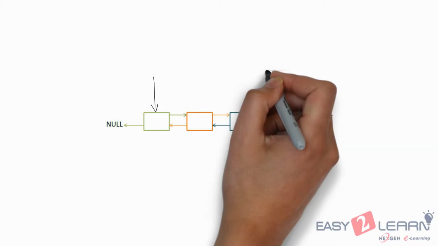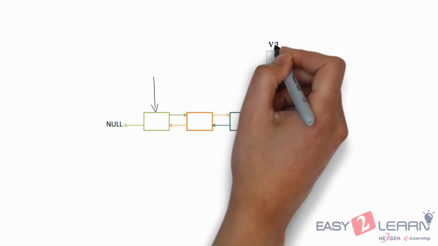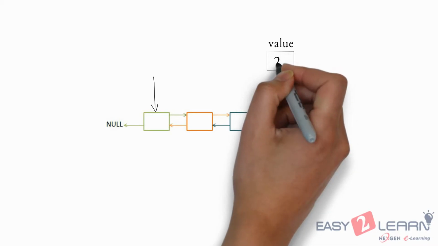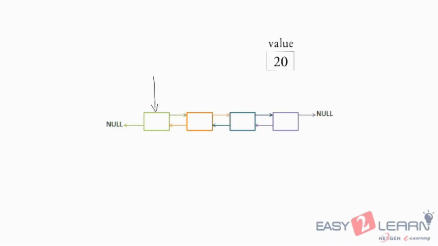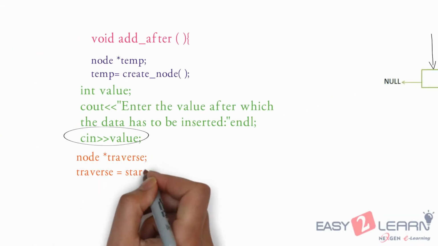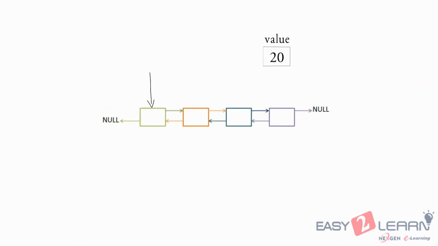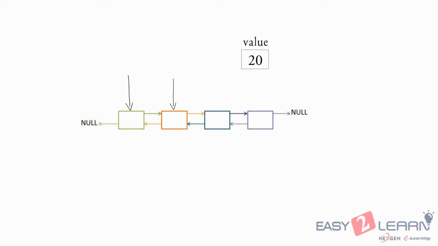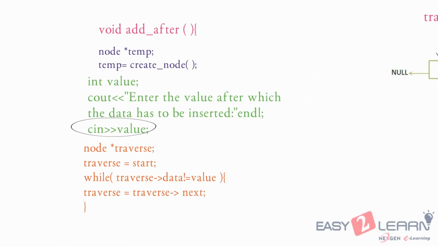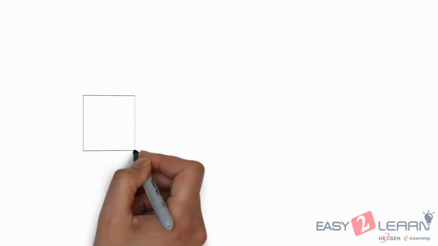Let us suppose this is the linked list and I want to insert a value between 20 and 30, and the value is 25. So let us see how we can do this. Here also I used a simple code in which I'll use a traverse and a while loop, with a condition that till the value is not equal to 20, you should traverse towards the right.